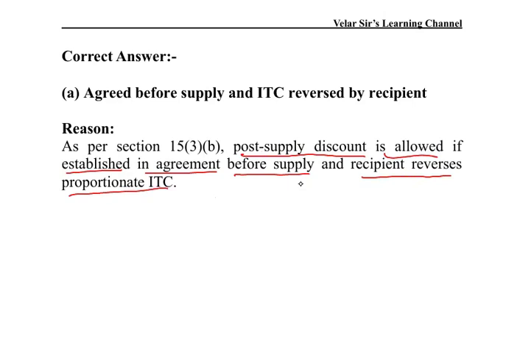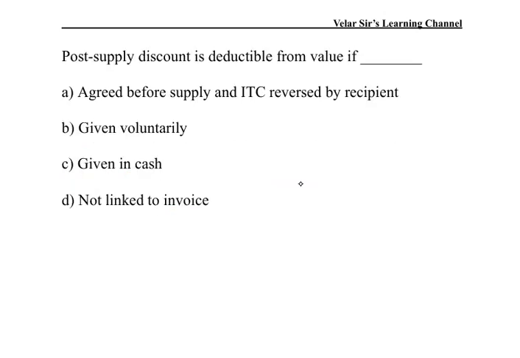If the discount is to be given after the supply, then it must be in the agreement. Then the discount agreed before supply, with ITC reversed by the recipient, will be deductible from the value of supply, right?